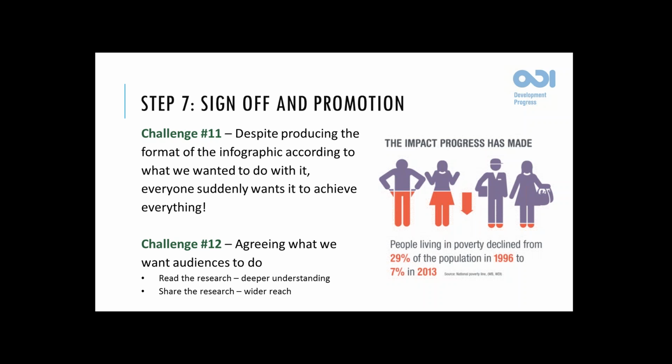And that's fine if you've thought about that from the outset and you've produced different versions of it, with the little social media share icons, and the full infographic to put in the case study report. But it can be quite tricky to handle if at this stage you're radically changing what you want the infographic to do from what you decided at the outset.